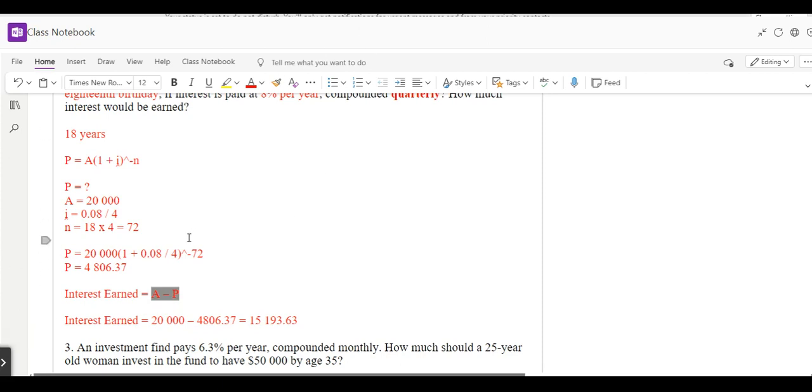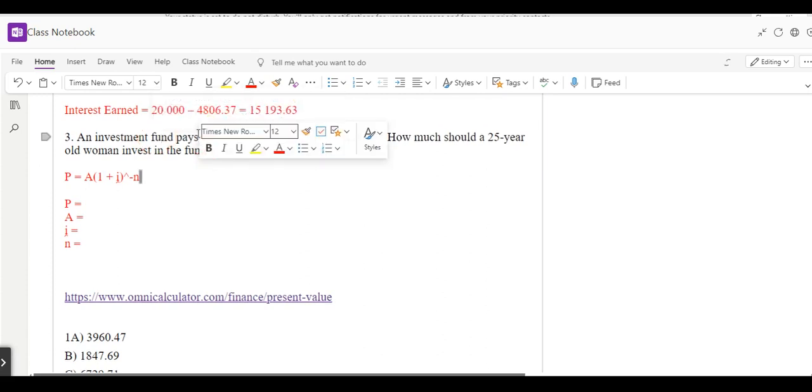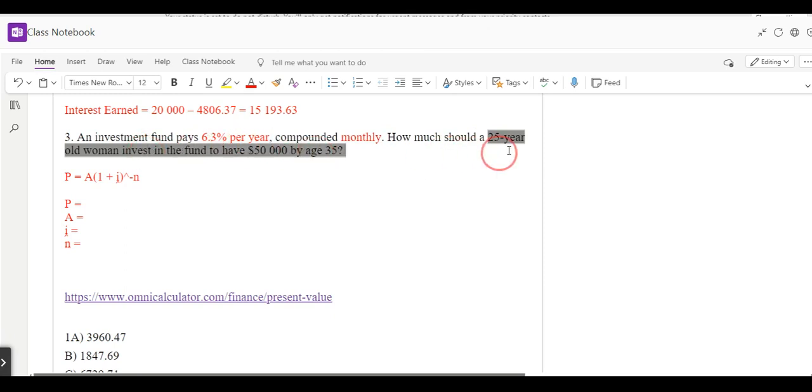Okay. Lastly, but not leastly, we have an investment fund pays 6.3% per year, compounded monthly. How much should a 25-year-old woman invest to have 50,000 by age 35?